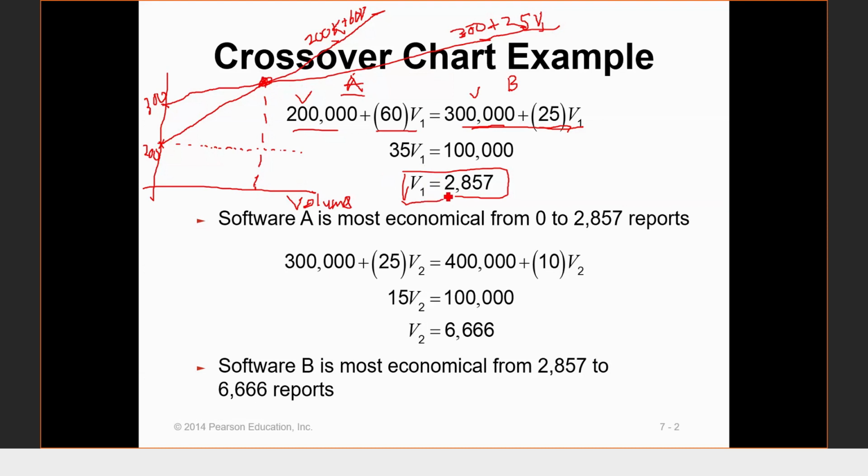So at this point, if we solve this simultaneous equation, you get V1 equal to 2857. So this is what we call break-even point. Meaning that the cost is the same, either you are buying software A or software B, with that amount of jobs to be done.